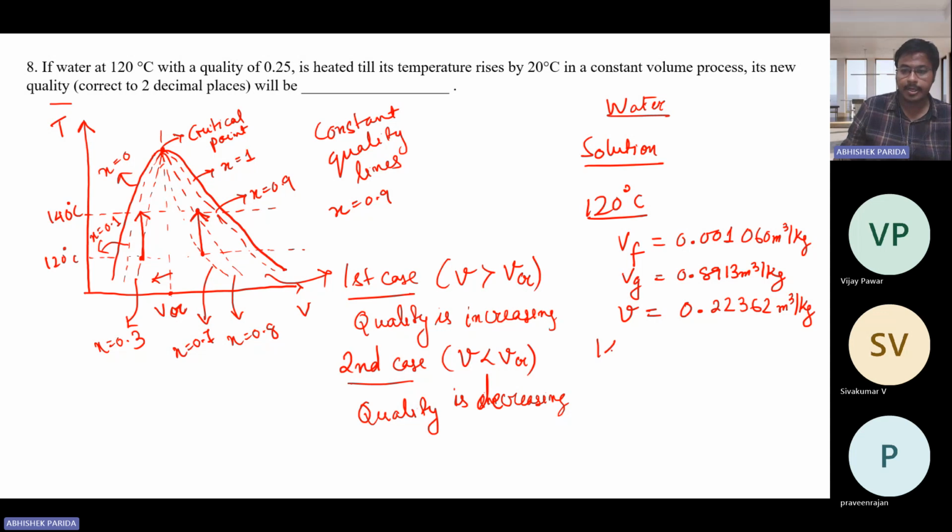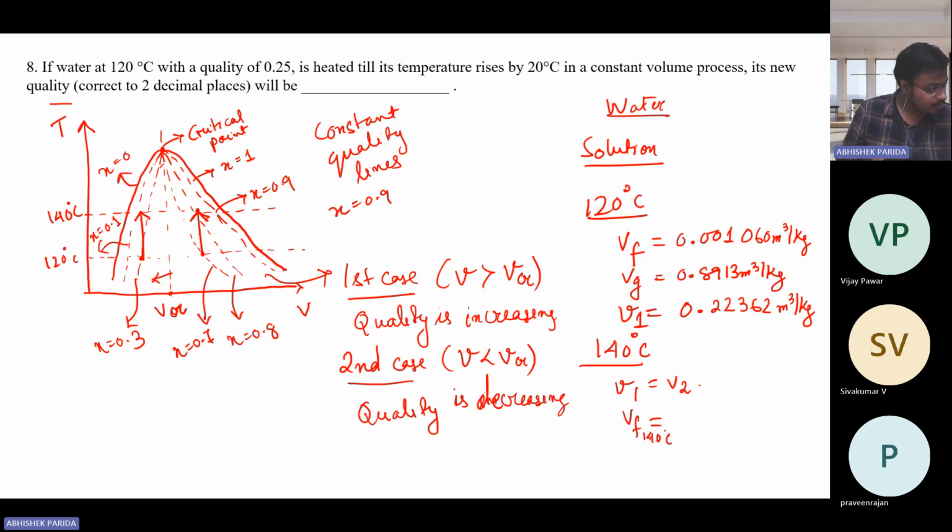Now it is heated to 140 degrees Celsius, and we are told that it is at constant volume. Okay. So let us say this is V1, and we'll equate V1 is equal to V2. So at V2, at 140 degrees Celsius, what is the Vf? Vf at 140 degrees Celsius?